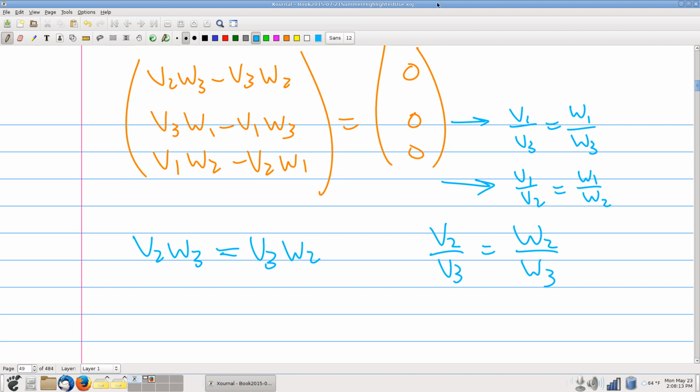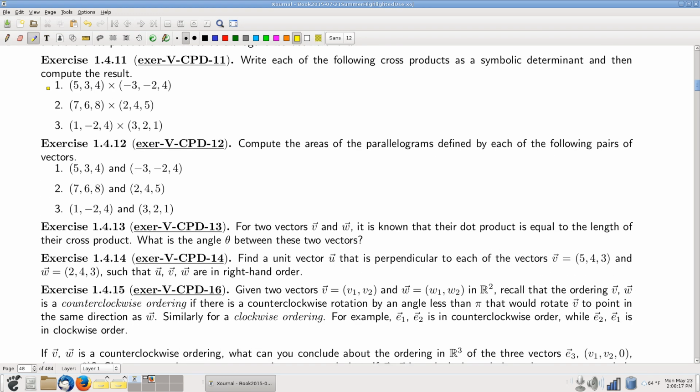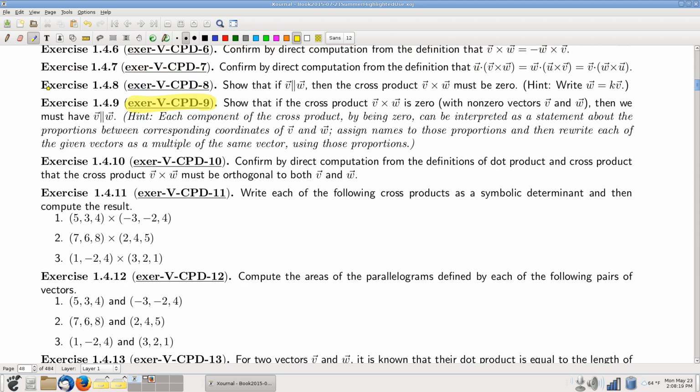Let's go back to the hint. Assign names to those proportions, and then rewrite each of the given vectors as a multiple of the same vector. Let's not get ahead of ourselves. Let's assign names to those proportions first.